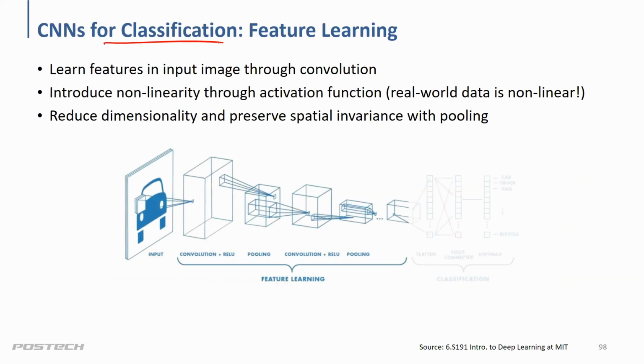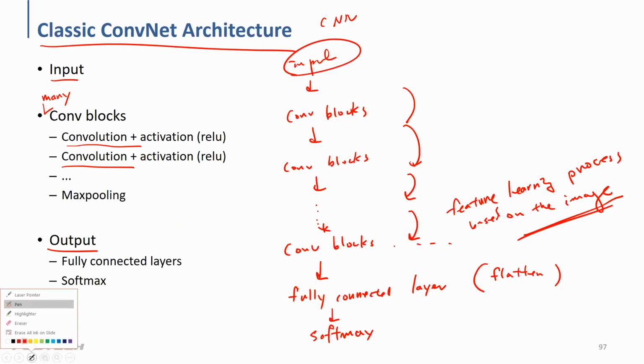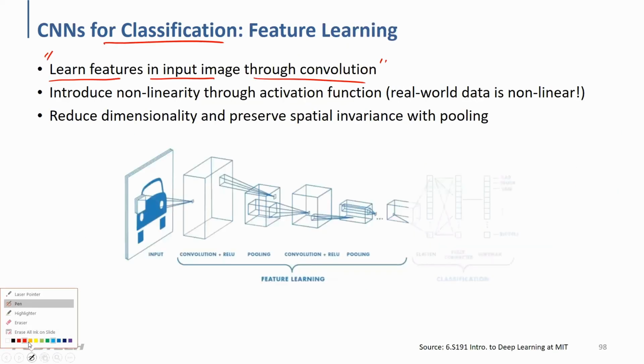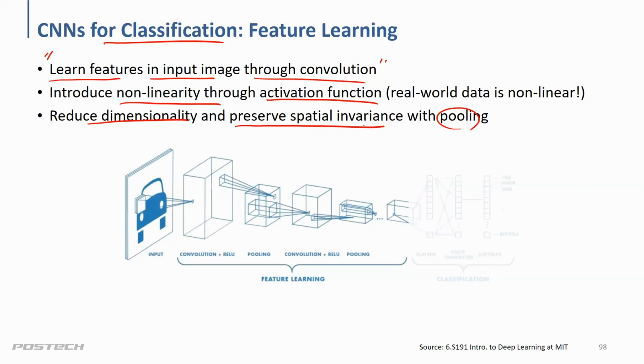We can use a CNN for classification problems, and it learns the features in the input image through the convolutions. It also introduces nonlinearities using nonlinear activation functions. And for the pooling, we reduce the dimensions because we reduce the size of the matrix, and preserve the spatial invariance that I explained.